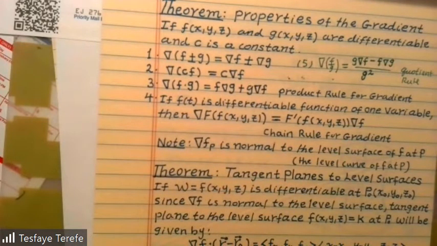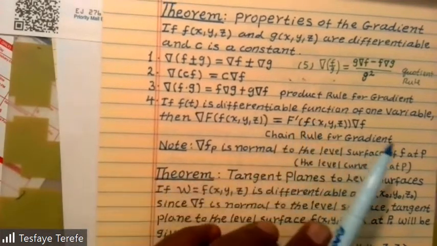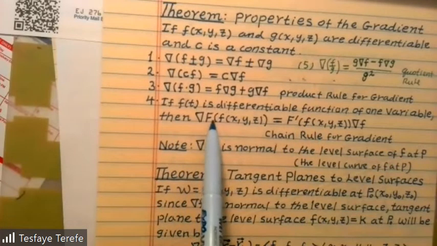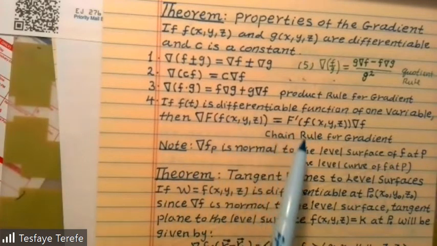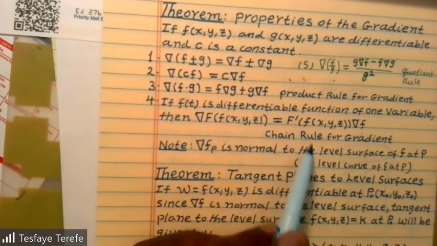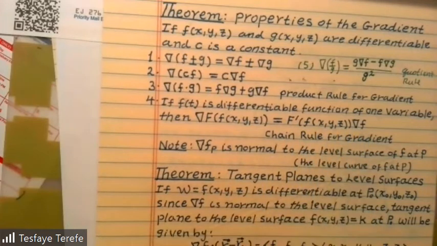And the fourth: if f of t is a differentiable function of one variable, then the gradient of f of (x, y, z) can be found by applying the chain rule: f prime of the function of x, y, z times the gradient of the internal function. So this is the chain rule of gradient.